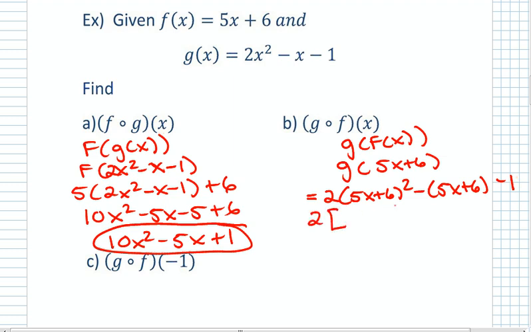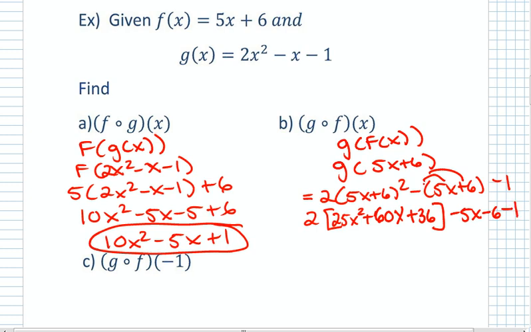Foiling over here gives me 25x squared plus 60x plus 36. I'll rearrange that a little bit. Distribute the negative sign, so you get minus 5x minus 6. And then distribute the 2, so you get 50x squared plus 120x plus 72.